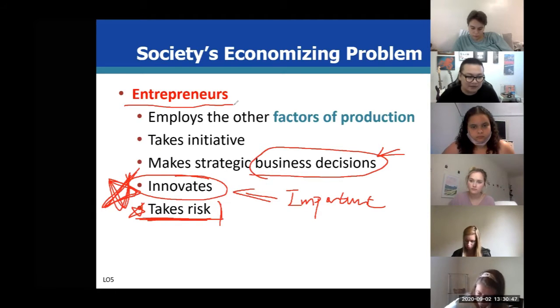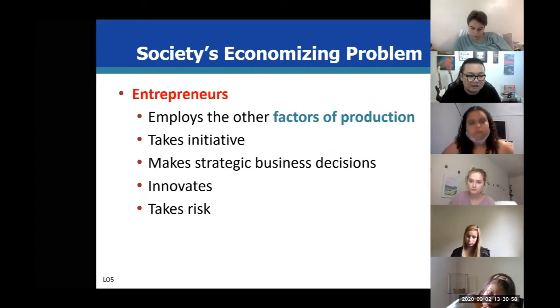They employ other factors, land, capital, those things, and they take initiative. The most important characteristic of an entrepreneur is to innovate. That's all I need you to know for this slide, okay?